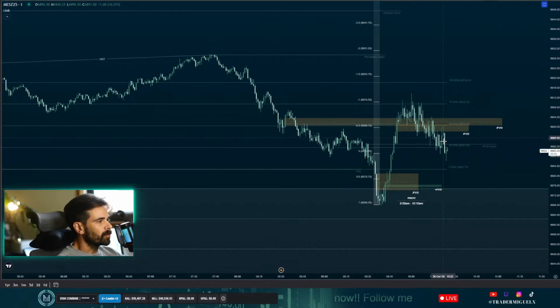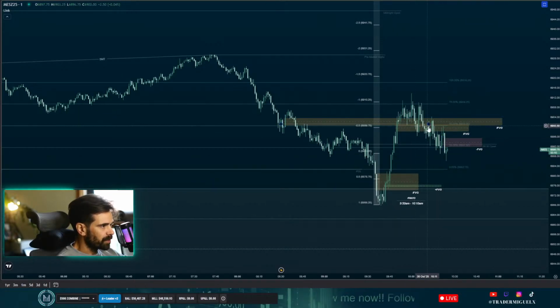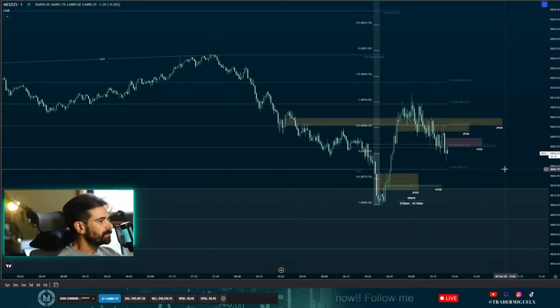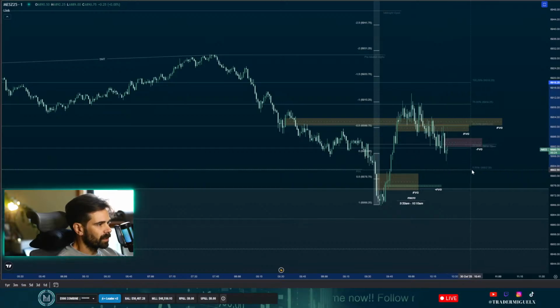So 930 open. We have a bearish fair value gap here. This is the first bearish fair value gap, which is from this leg to the downside, I believe. It has formed right at 930 open and right at 25% of the daily wick.